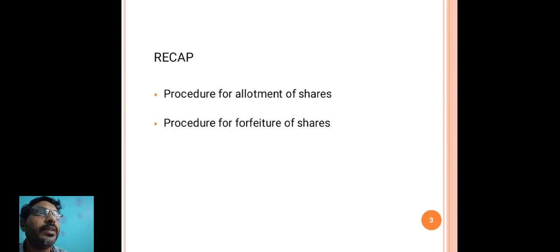So whenever the prospectus is issued to the general public, the people or investors who are intending to buy a share or a debenture can apply by filling a prescribed pro forma which is available in the prospectus.